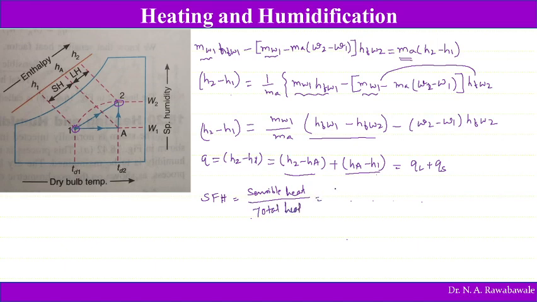Sensible heat is QS, divided by QS plus QL, and that can be written as HA minus H1 divided by H2 minus H1. This is the sensible heat factor.